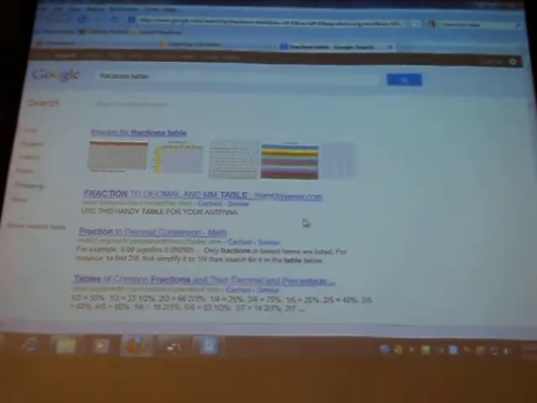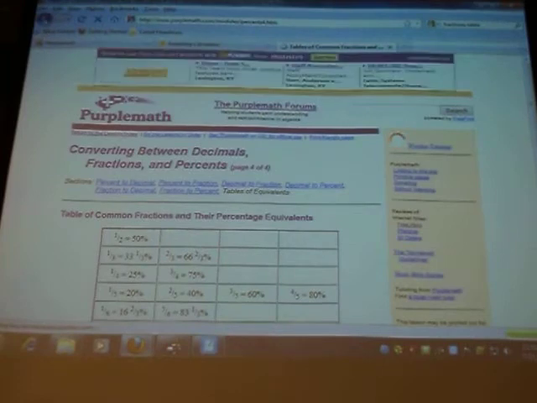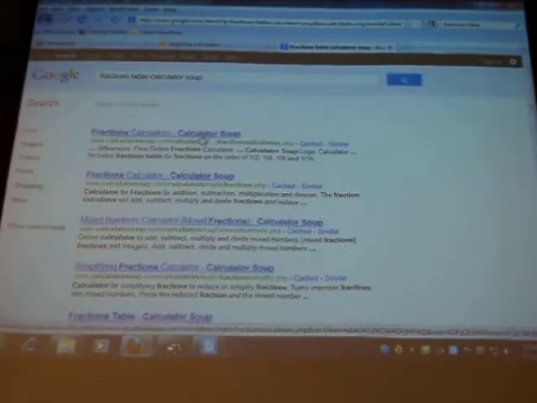Okay, fractions table. Let's try that. What was it? Calculator soup? Yes, ma'am. Calculator.com, calculators, math, fractions.